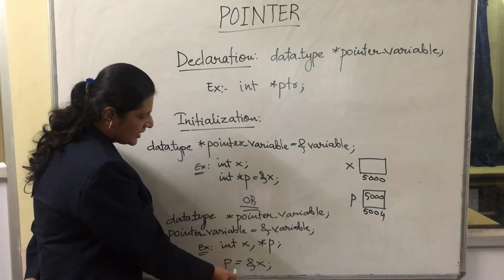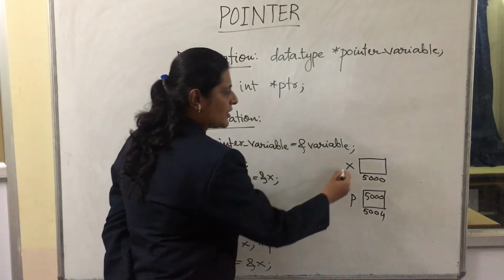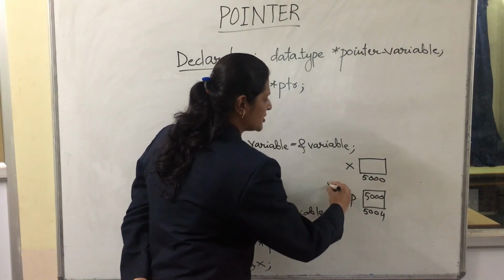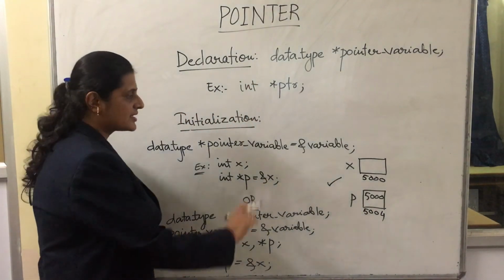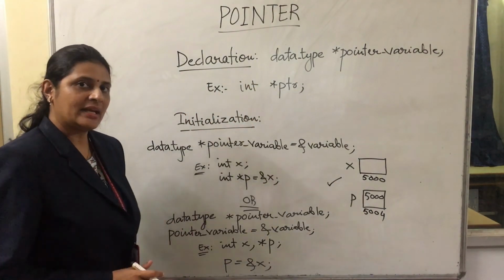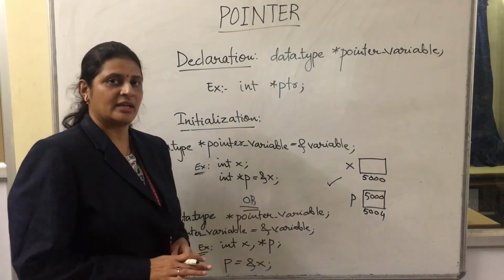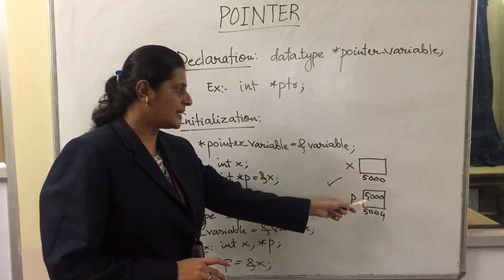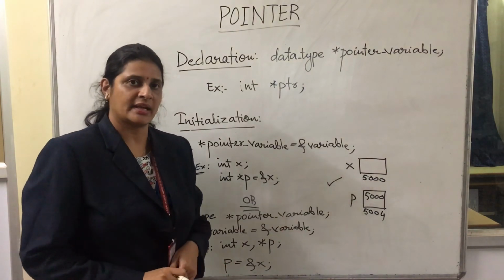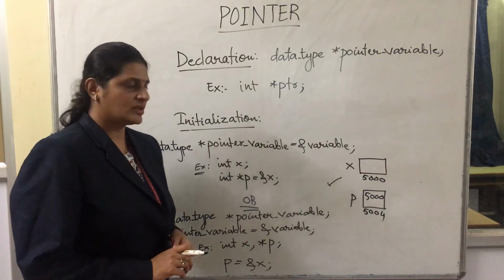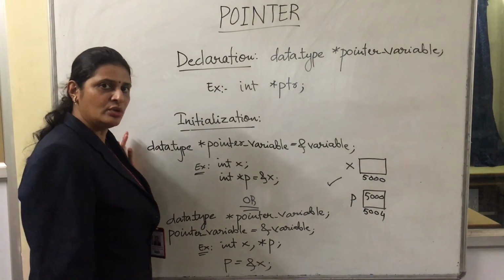In this case also the memory is allocated in the same fashion. So whenever you declare and initialize a pointer, memory is allocated for it and the address of the variable is stored inside the pointer. So this is about the introduction to pointers.